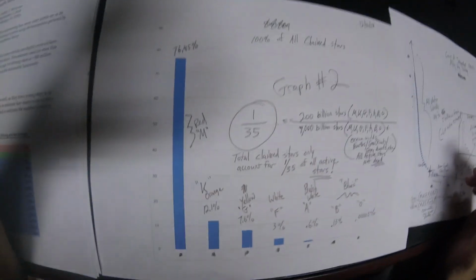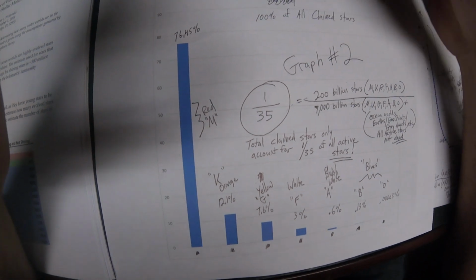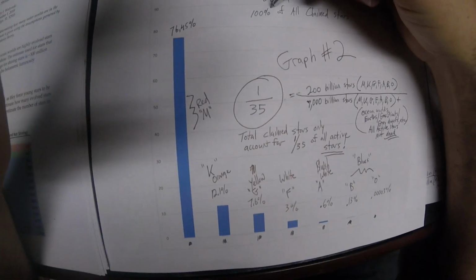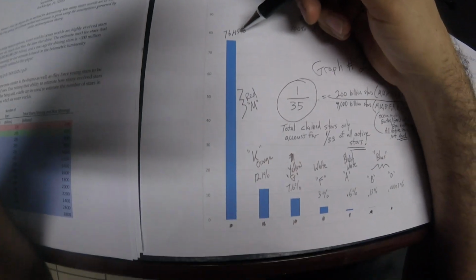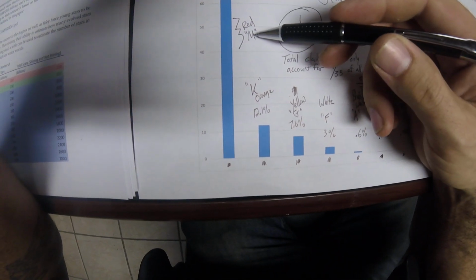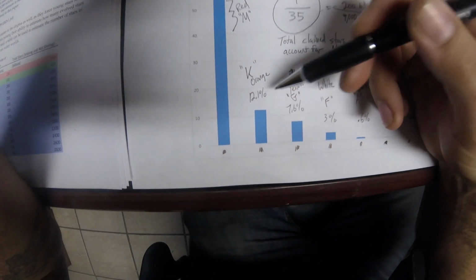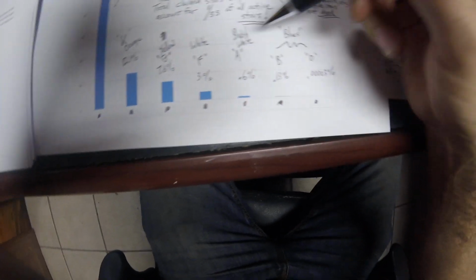And the reason why I wanted to write this down is that on Wikipedia they have 100% of all claimed stars as being only the ones that shine. So you have 76.45% as red dwarfs. You have the red spectrum, which is M, and you have 12.1 as orange, 7.6 is yellow, which is G, and F for white.